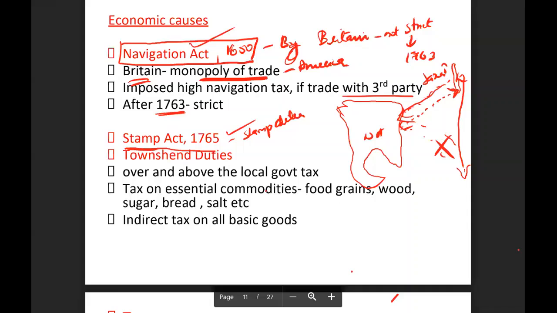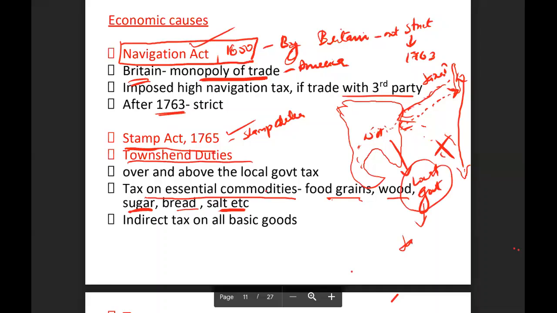Then the third one is the Townshend duties. Townshend duties means taxes on essential commodities started being charged, like food grains, wood, sugar, bread, salt, etc. All this area where the British are now covering already had local self-government, elected governments, and they were imposing taxes.